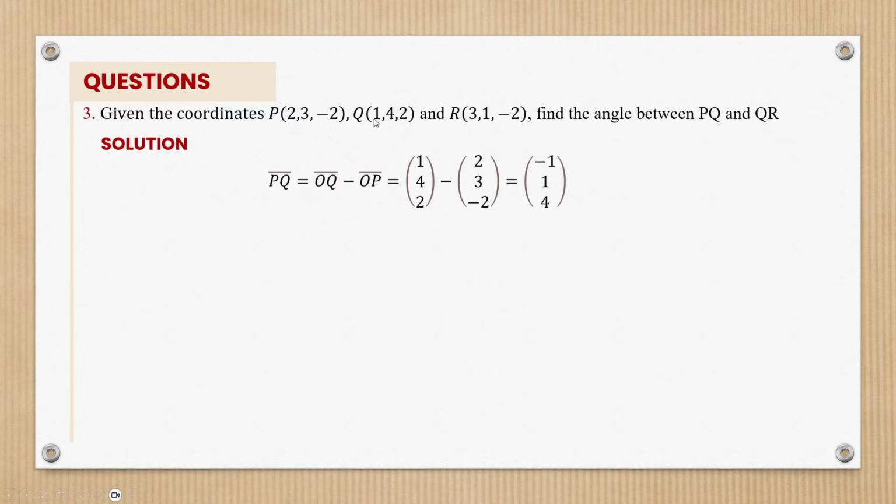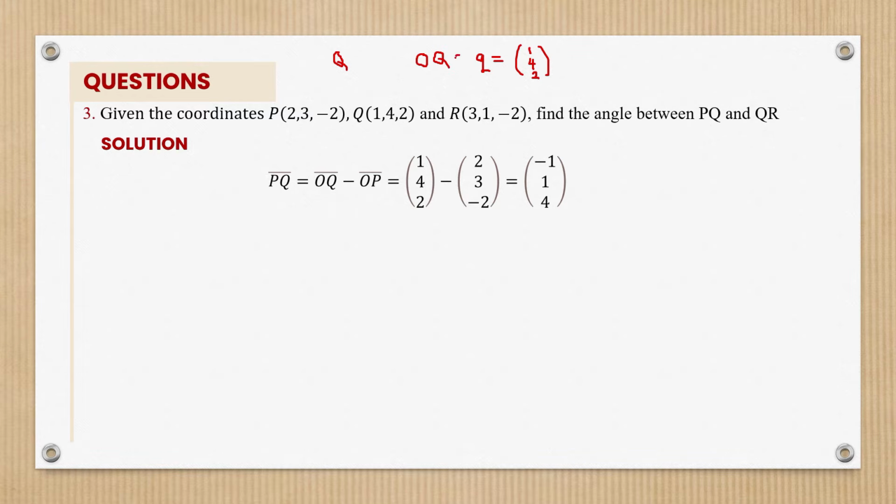Now at OQ, since we have this coordinate here, just remember this. If the coordinates of Q are (1, 4, 2), that means that Q, small q, is equal to (1, 4, 2). Just remember this, that whenever we say coordinates of Q are that, it also means that either small q, or you can actually represent it this way.